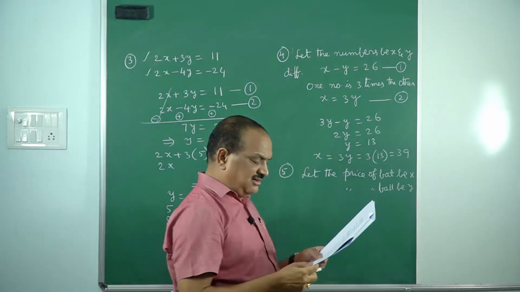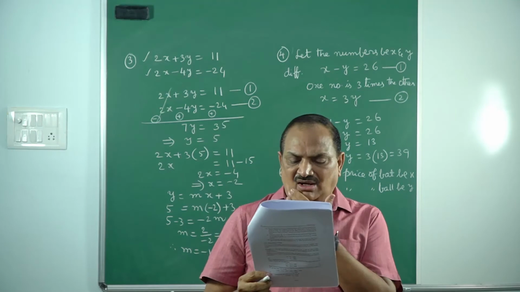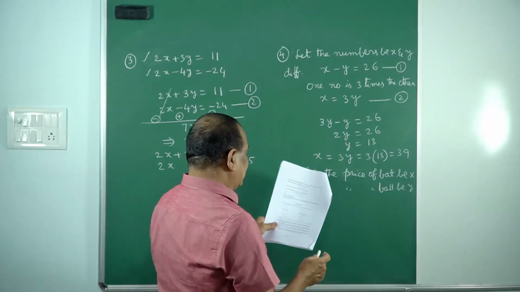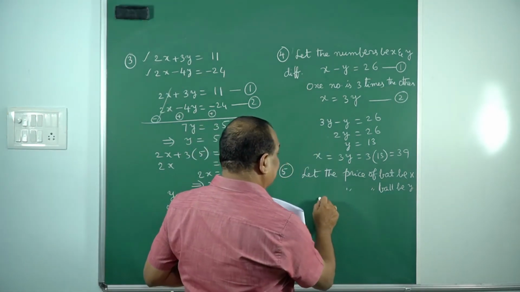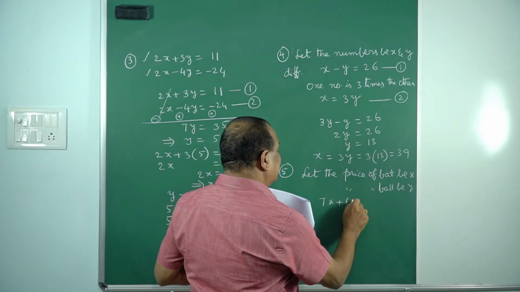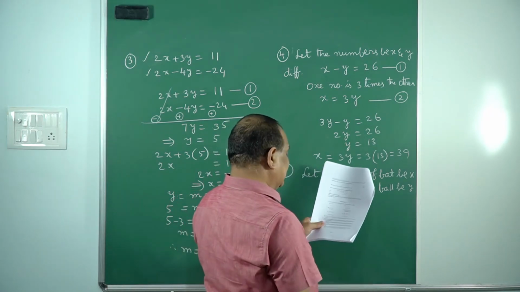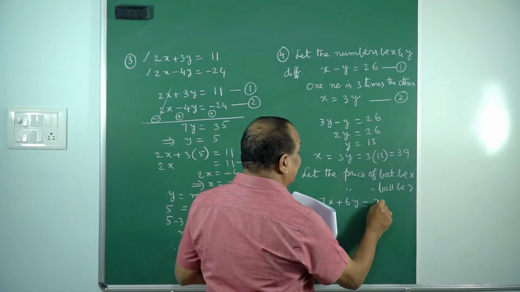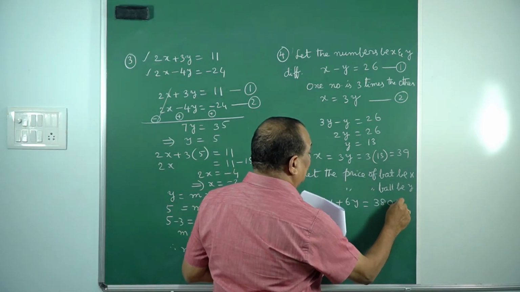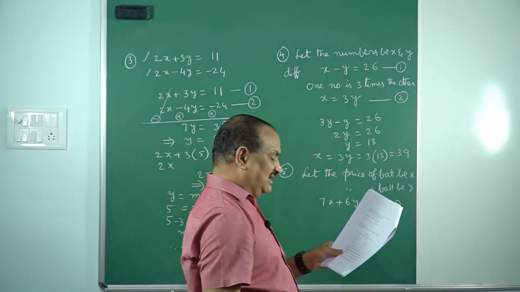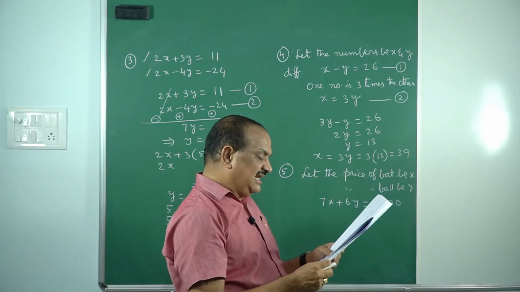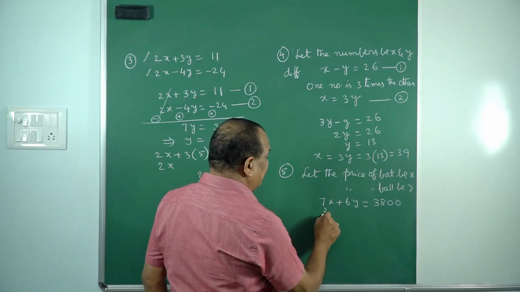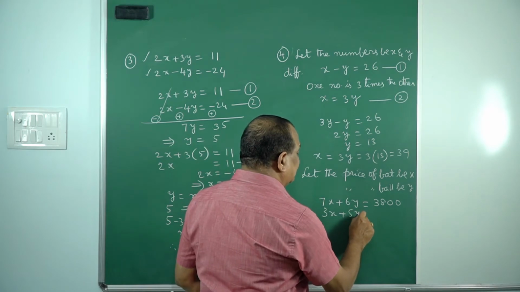So you have the price of bat and ball. And now let us substitute 7 bats and 6 balls. The coach has purchased and he paid 3,800 rupees for that. And the next one, later he buys 3 bats and 5 balls.